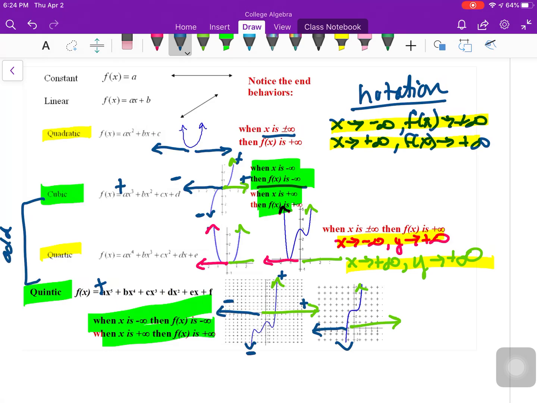That only happens on odd degree. Again, on even degree, the ends were the same. Positive, positive, positive, positive, with a positive leading coefficient.